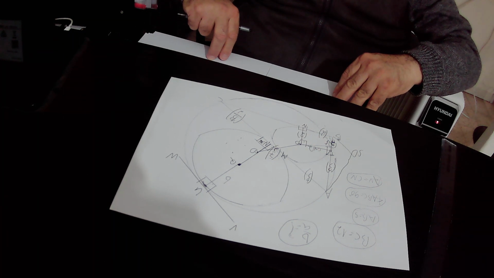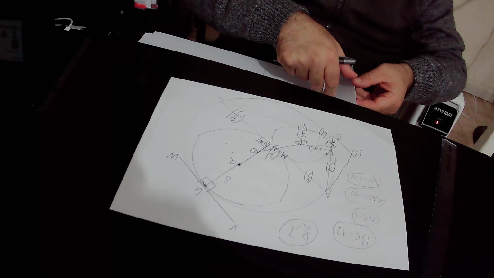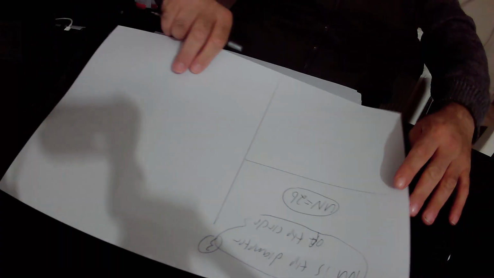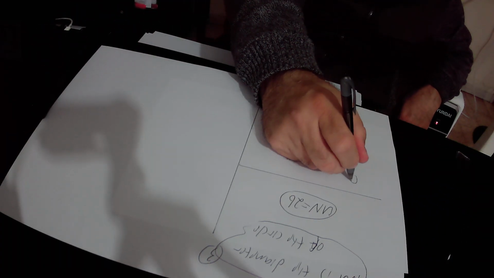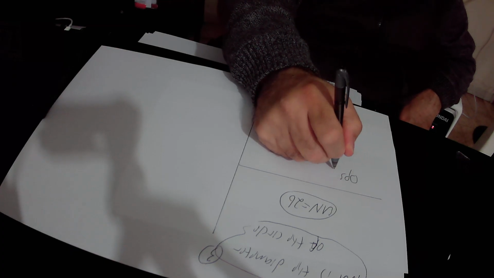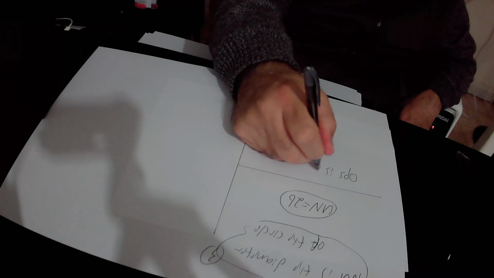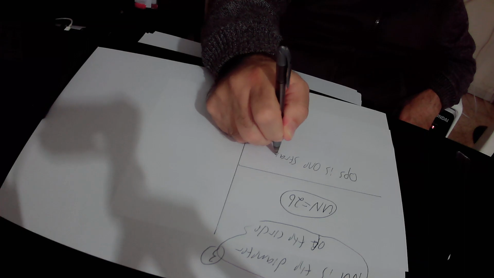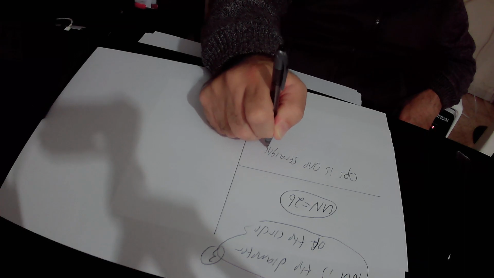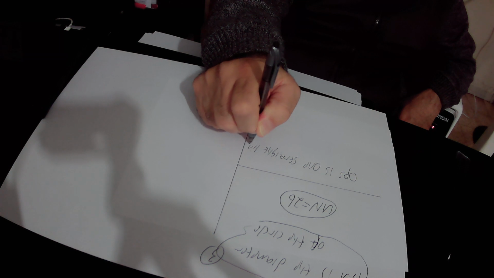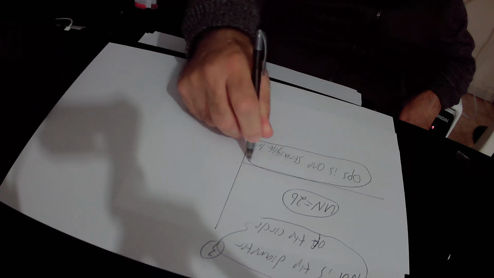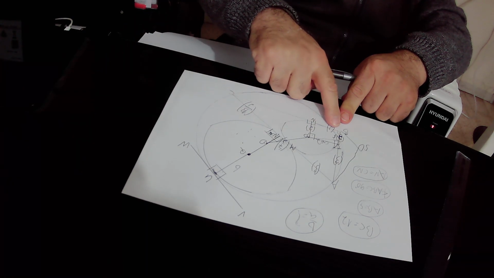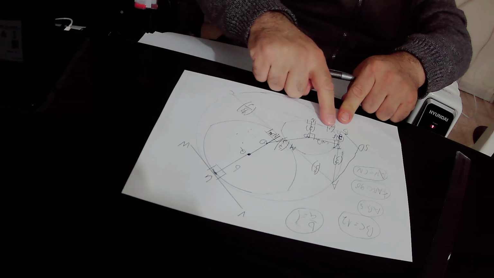So I write it down. If OPS is one straight line, it means that OS or SO is also a straight line.